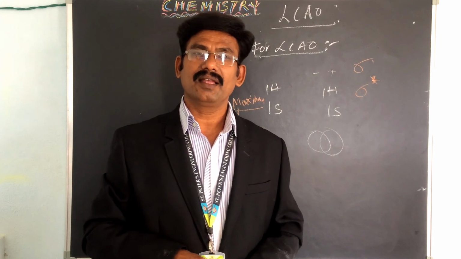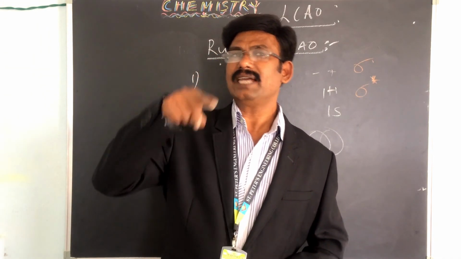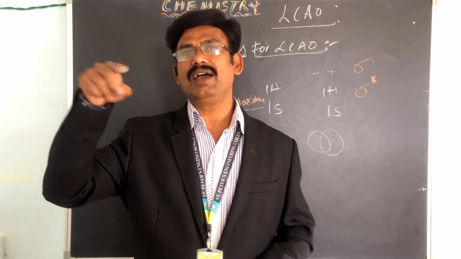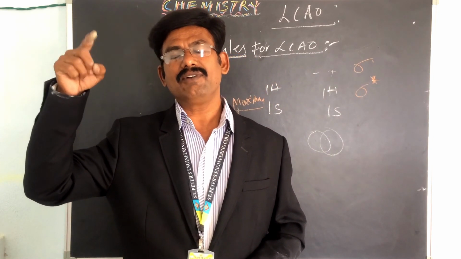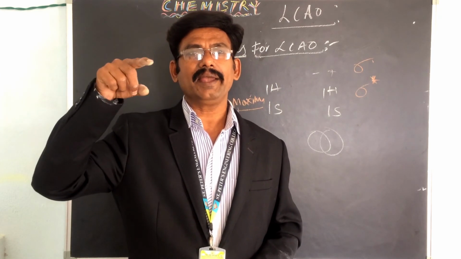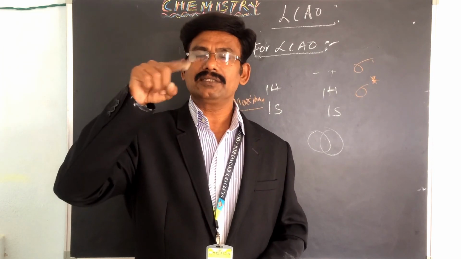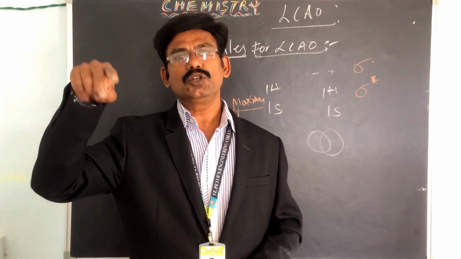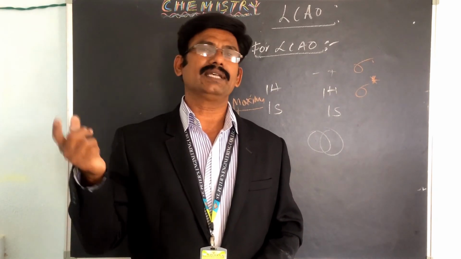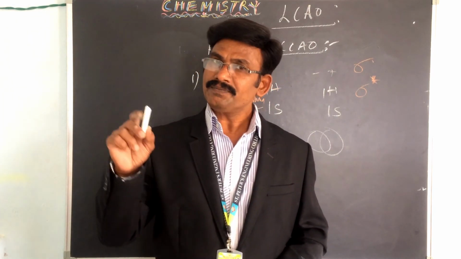And finally, the equation: psi squared equals c1 squared psi A squared plus c2 squared psi B squared plus 2 c1 c2 psi A psi B. That is the equation.